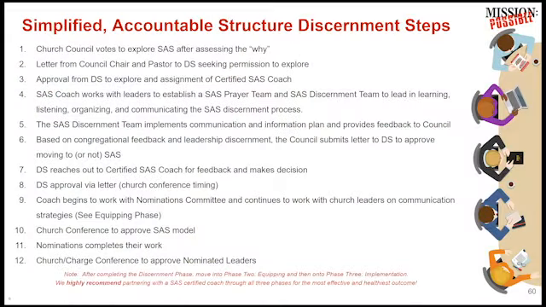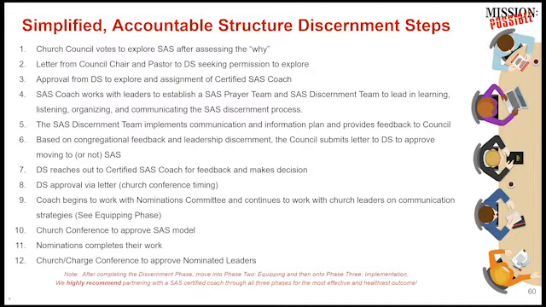We also have certified simplified accountable structure coaches. Make sure you have a certified simplified accountable structure coach so that they're up to date on the latest practices as well. They will walk you through the discernment process. There's 12 steps in the discernment process. And the discernment process is in companionship, in partnership with your district superintendent.